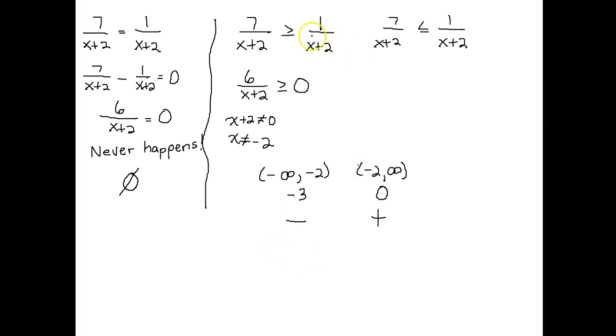All right, so for the greater than or equal to, that's the positive. That's going to be from negative 2 to infinity. And for the less than or equal to, that's going to be negative infinity to negative 2.